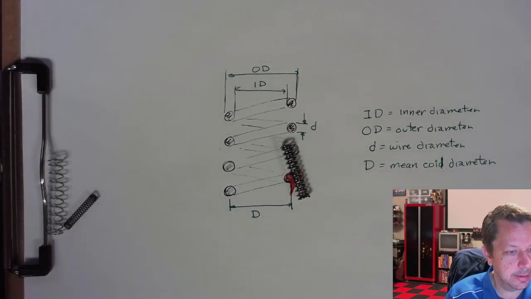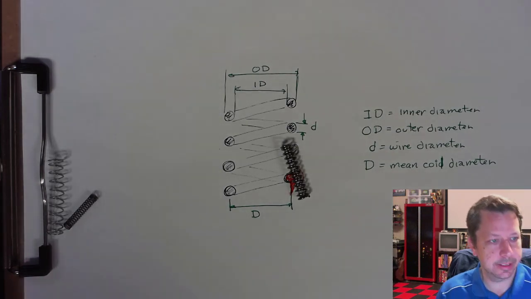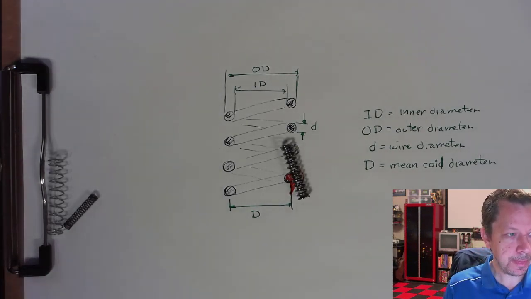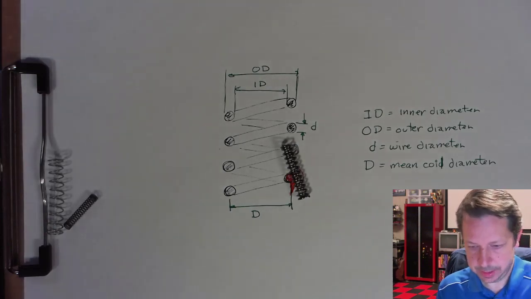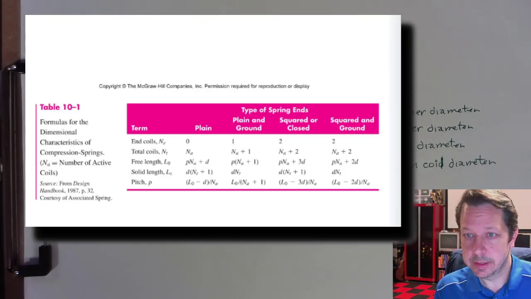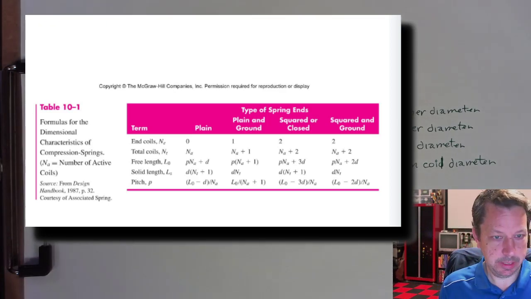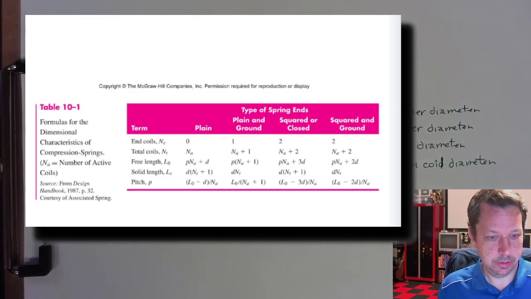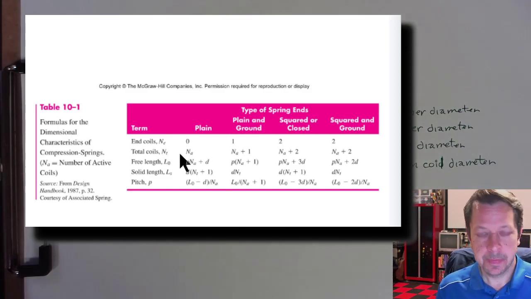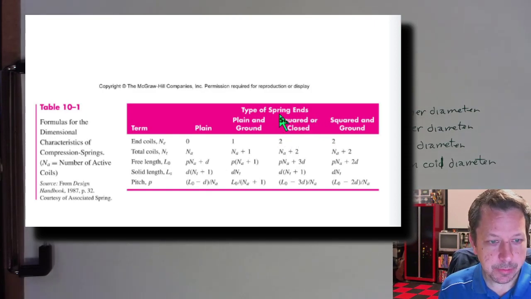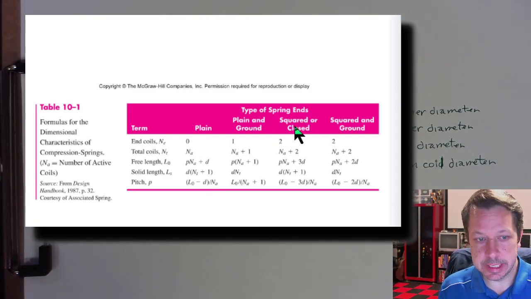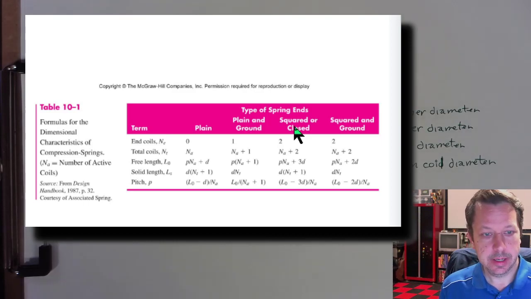And now I think I realize, well, let's check and see what I did. So number of active coils. I may have made a mistake here, but we can fix it. So they are just, actually they're the same. Let me get my cursor up here. There we go. We have squared or closed ends, is what I've been telling us. N_A plus 2 is equal to the total number of coils.